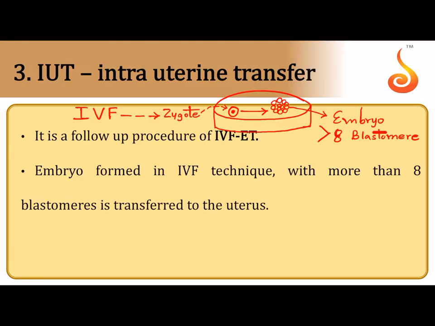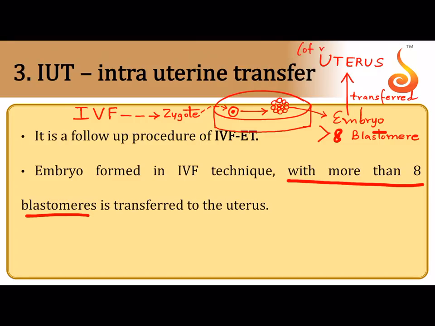In ZIFT it was an embryo with less than 8 blastomeres. But here you are allowing the zygote to develop to a stage of an embryo which has more than 8 blastomeres. And where do you put this embryo now? The embryo is transferred not into the fallopian tube. In ZIFT it was the fallopian tube, but here it is transferred into the uterus of whom?